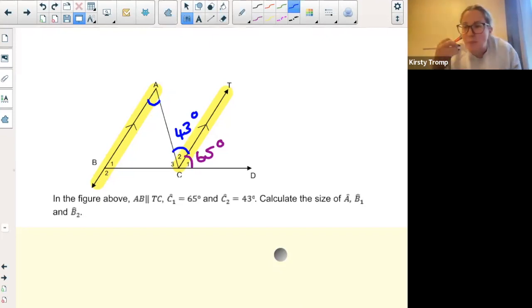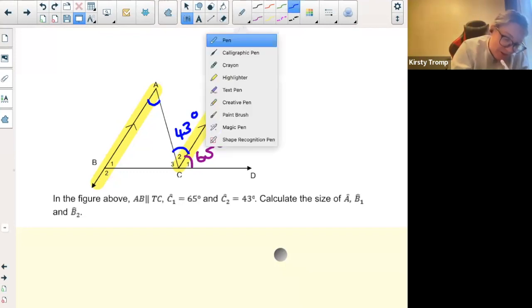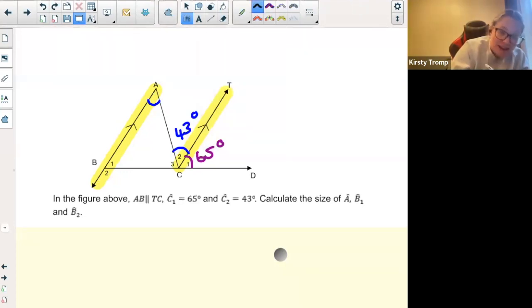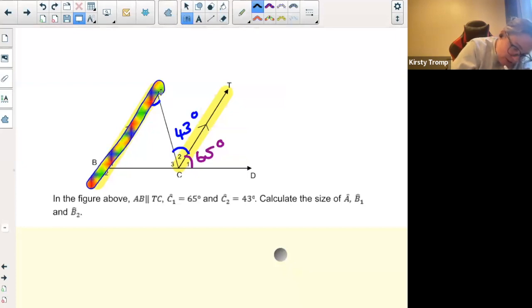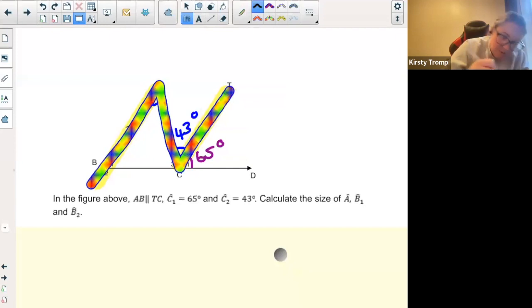Angle A is lying on a parallel line, is it not? Do you agree with me? So here is the parallel line that angle A is lying on. If I move down and move along the other parallel line, what am I noticing?